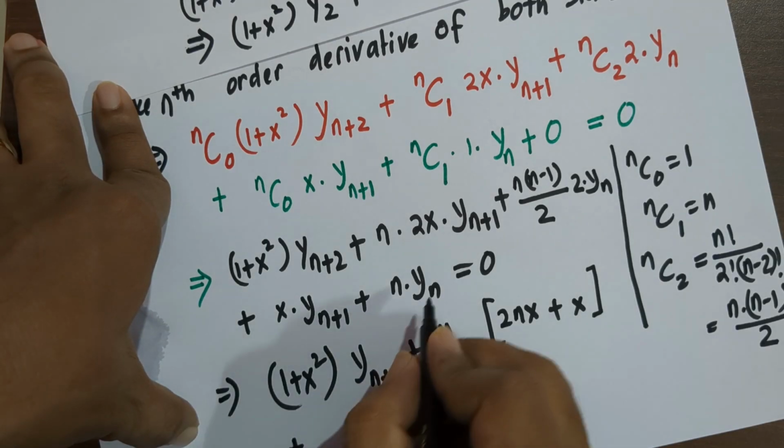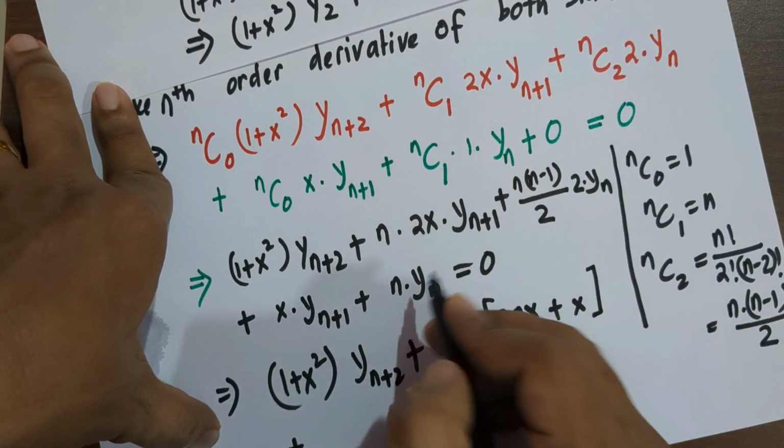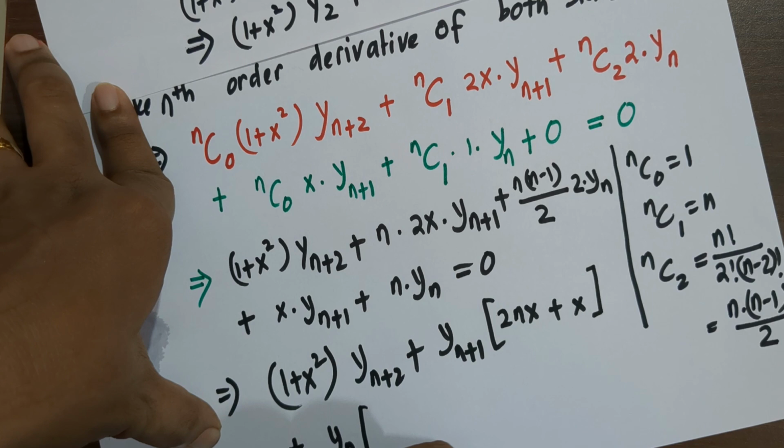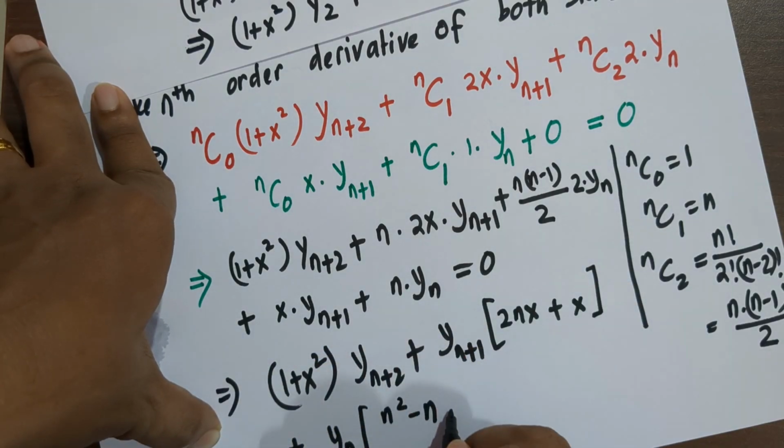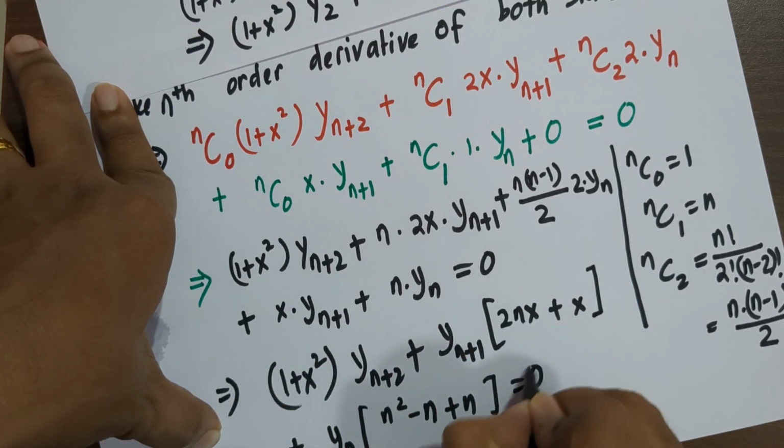and for the nth order derivative we have this one and this one, and then we have n. The 2 gets cancelled, here we have n squared minus n, and here we have plus n, which is 0.